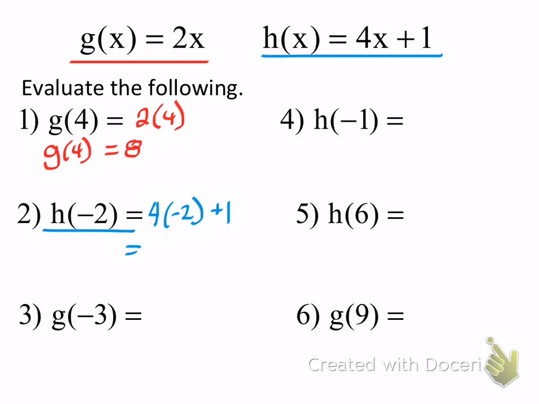So I'm going to get negative 8 plus 1, and that equals negative 7. And the last time I've got to put this in, so I know that we're talking about the h function, the h of negative 2, with the domain of negative 2, is negative 7. Is this clear? Thumbs up if it's clear, thumbs down if it's not.